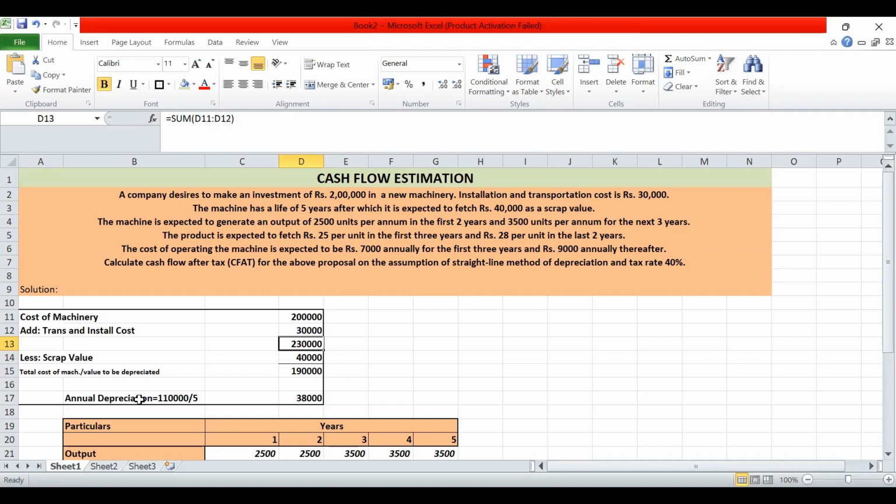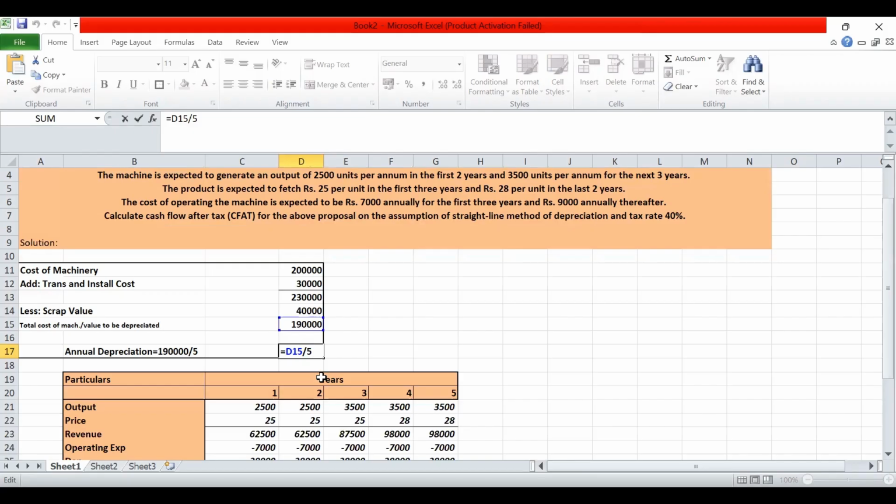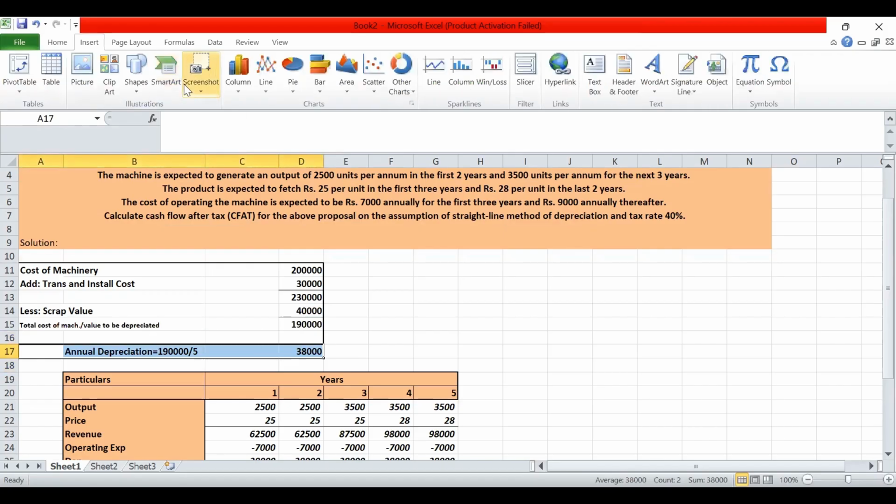So annual depreciation will be 1,90,000 divided by 5. So this will give you 38,000. With this formula, you may calculate it, that is 1,90,000 as cell referencing divided by 5. Now, this was the first important step of this question.